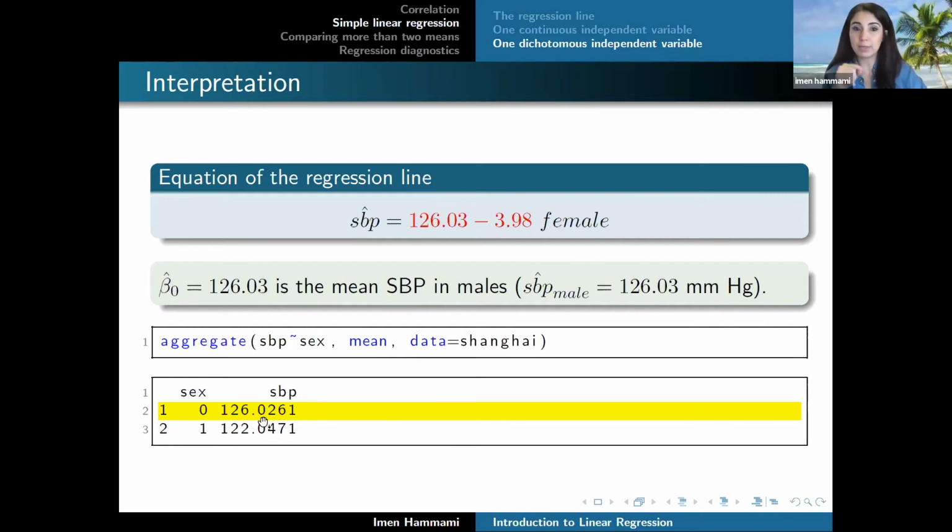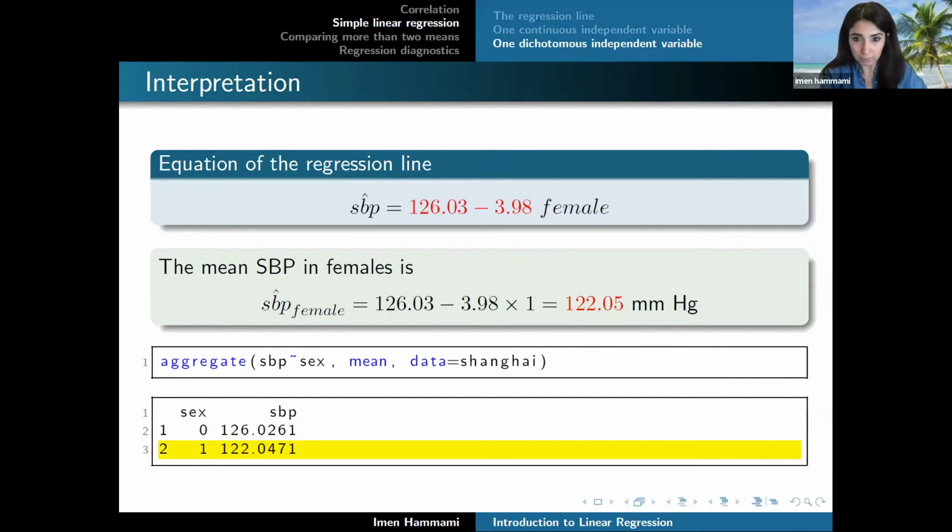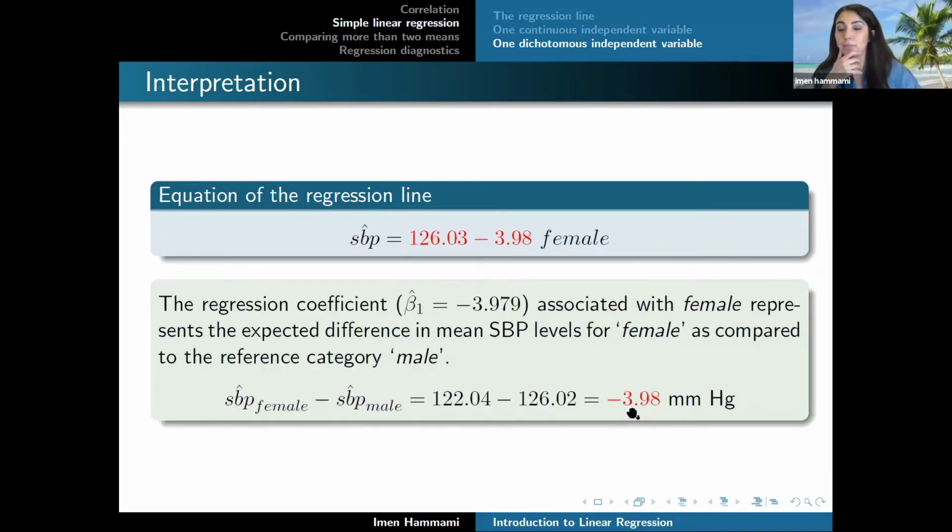You can see the first number comes from the regression as well, which is the mean in the reference group, and the second number is the mean in the other group. If you subtract these two numbers, 126 minus 122, you get 3.98 millimeters of mercury. So this is the difference between males and females on average for their SBP values.